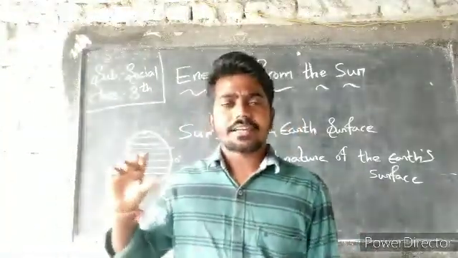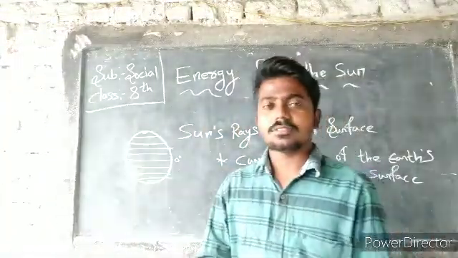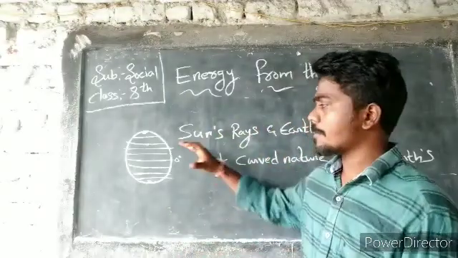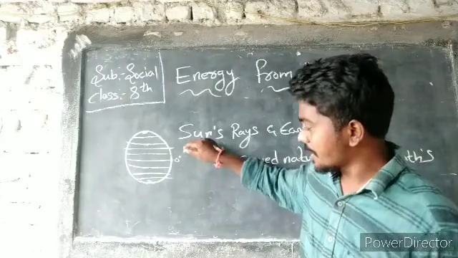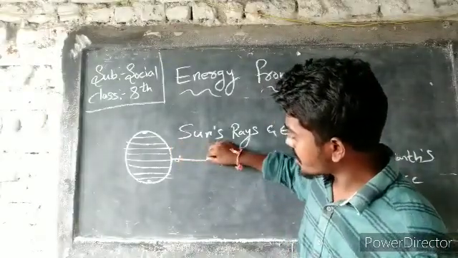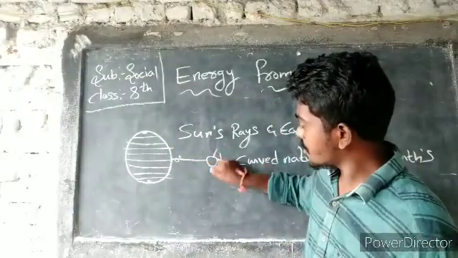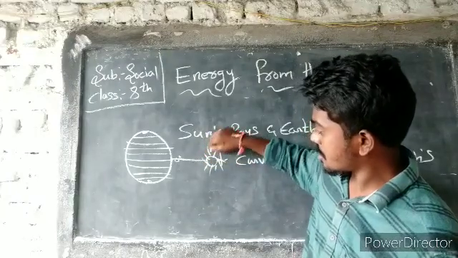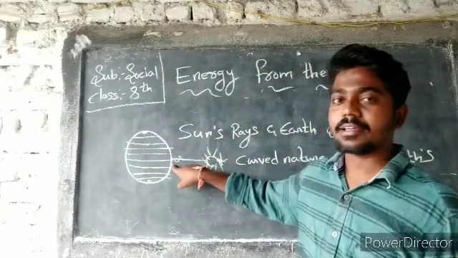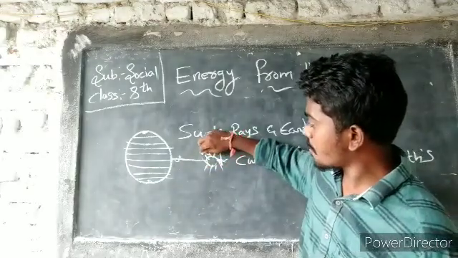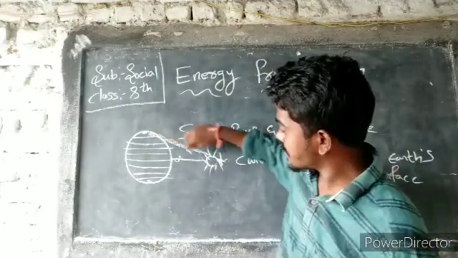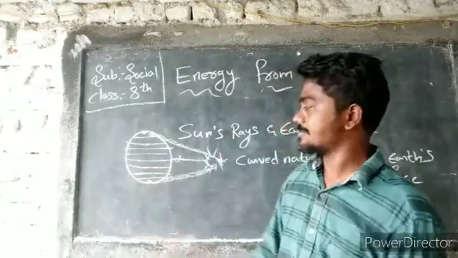Okay, the sun rays will fall the same on the earth's surface, but at the equator it falls over a short distance from the sun. But if you look near the poles, it takes a larger distance.